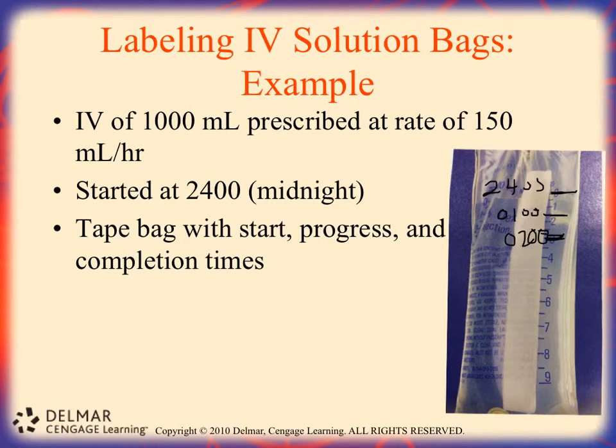Well, you get the gist. You would start at the top, obviously, and just keep marking your tape down so that you have an idea when you get to the bottom of when this would be completed. Down here you'd have your completion time.